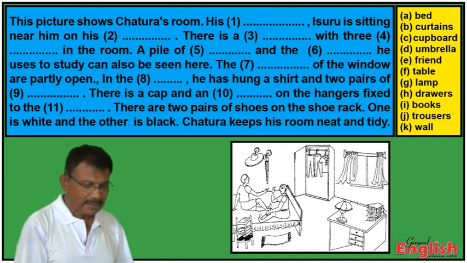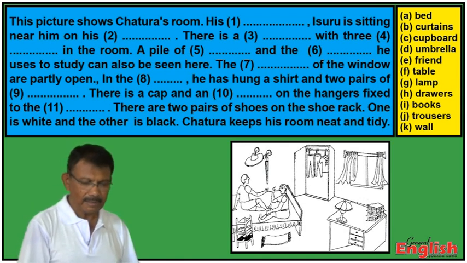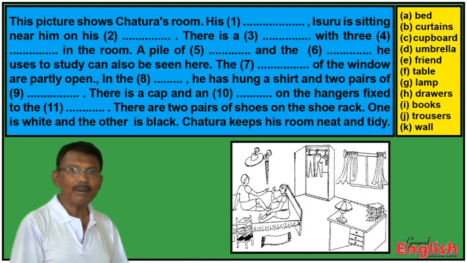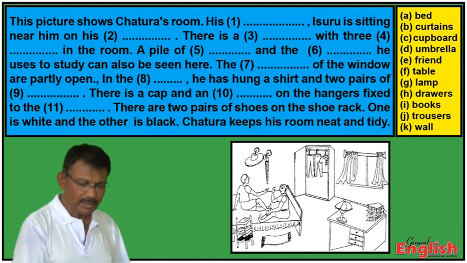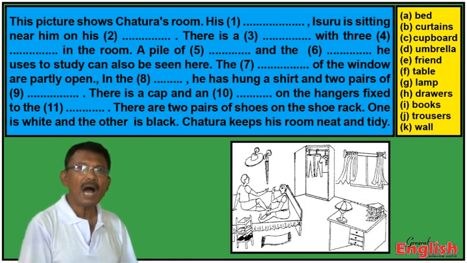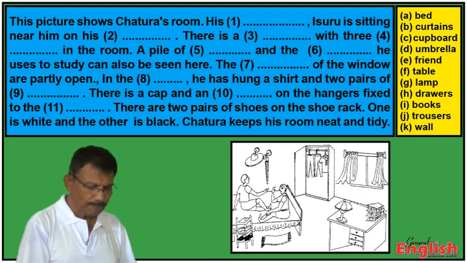So which word has a vowel sound? Umbrella. The only word we can use here is umbrella because it has a vowel sound. So I shall read that again. There is a cap and an umbrella on the hangers.